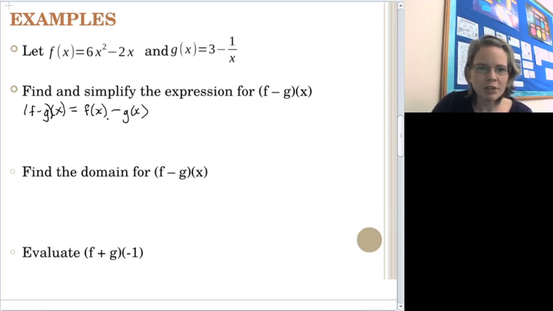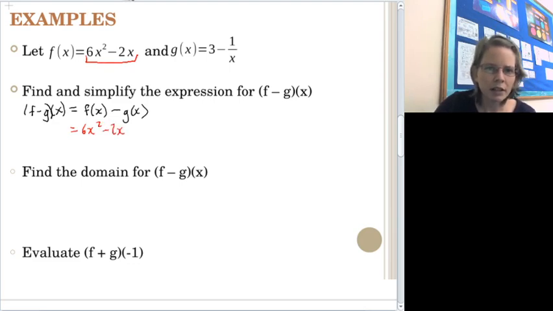And we want to substitute in here the formula for f. So up here, the formula for f, 6x squared minus 2x. And the second one, the formula for g, so 3 minus 1 over x. And I'm subtracting those two.